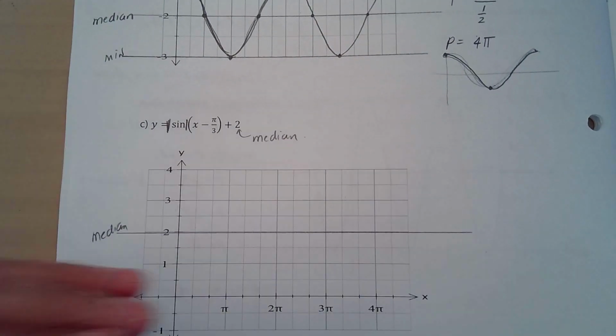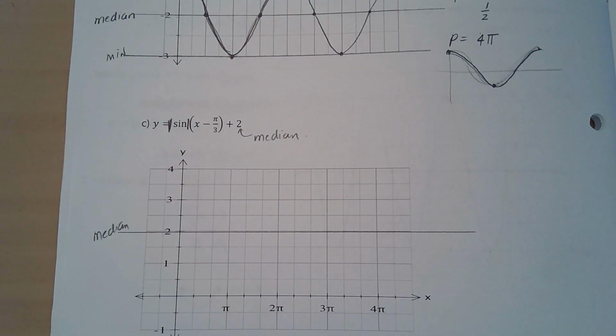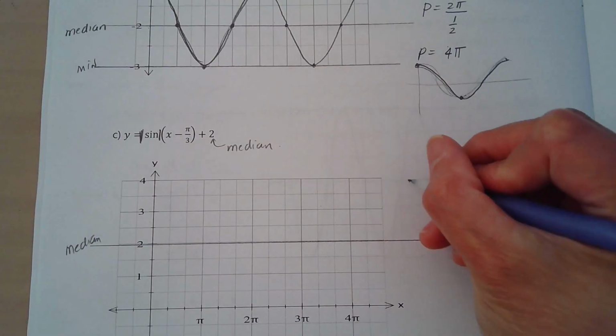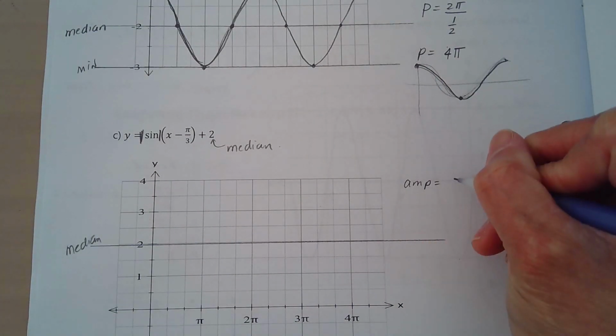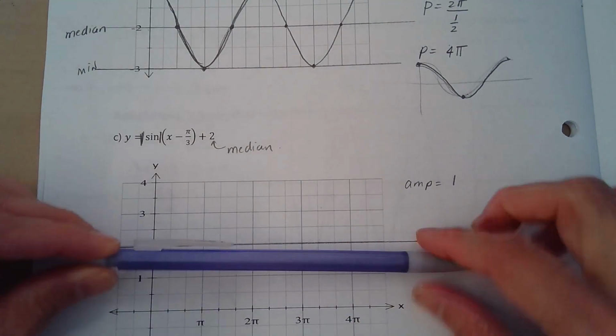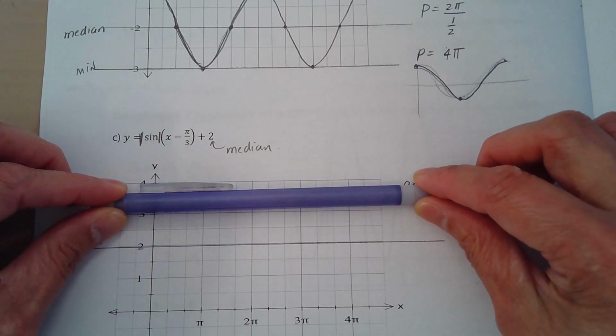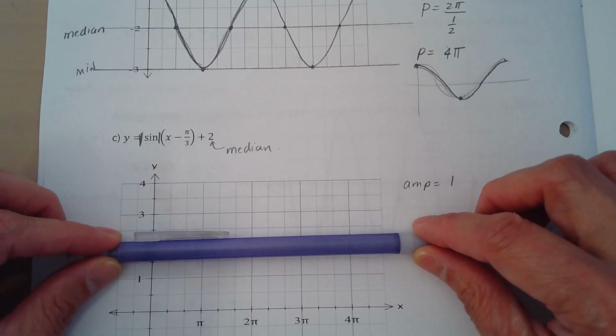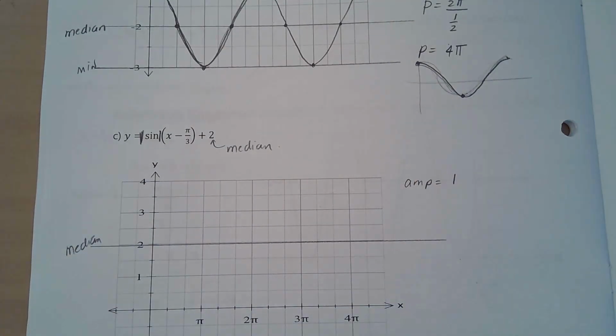Now from median line, what's the amplitude? Amplitude is 1. So that means from median line, we're going to go up 1, and then from median, down 1.